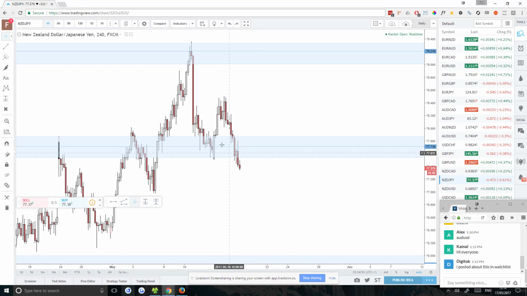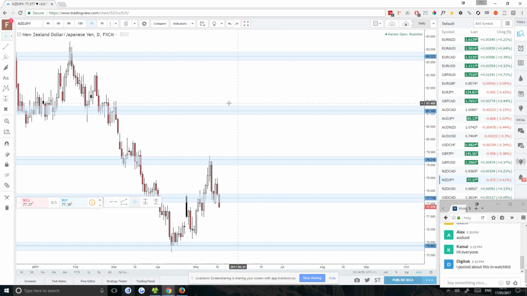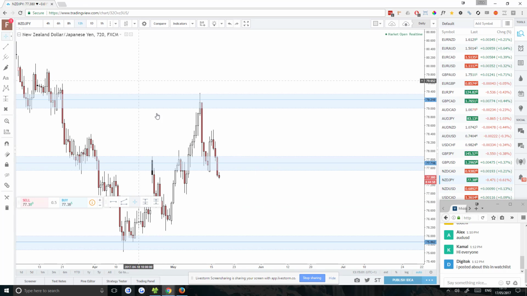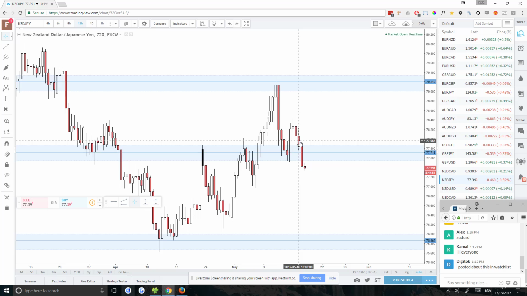All right, New Zealand JPY seems to have moved down. There were a few people long on this one yesterday. Did you guys manage to get out? Well, you wouldn't have got out at break even, but the right time to get out would have probably been around about here or a bit lower, as it started coming back down into support.